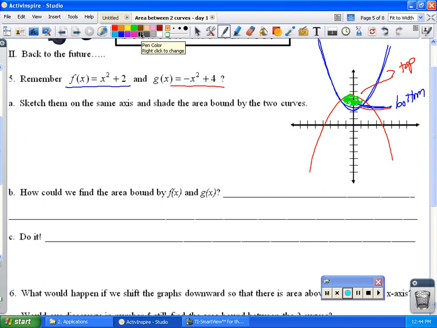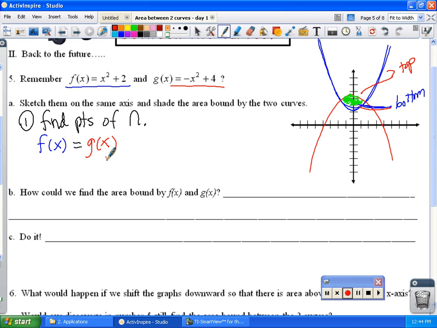So how are we going to find the area then that is enclosed between two curves? Well, the first thing we're going to need to do is find those points of intersection. Where do those two curves intersect? So what we're really trying to figure out here is where is f of x equal to g of x. Still sticking with the blue colors and the red colors.